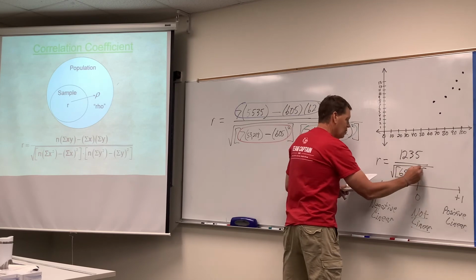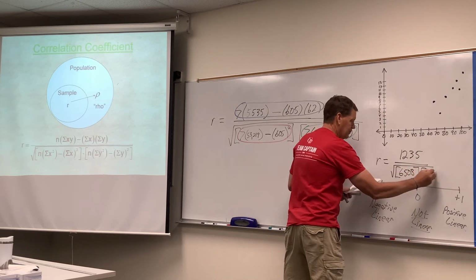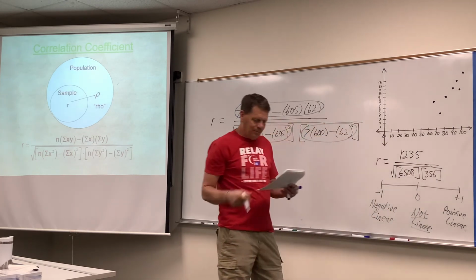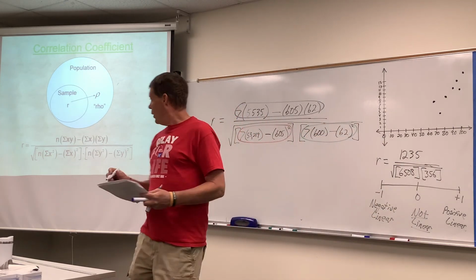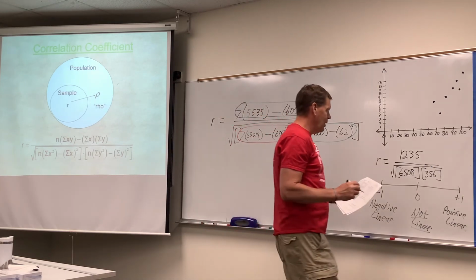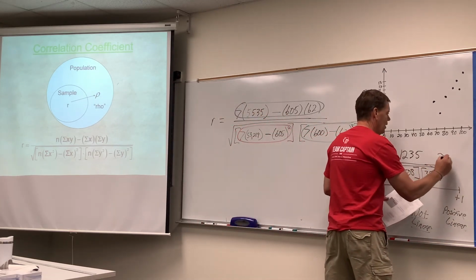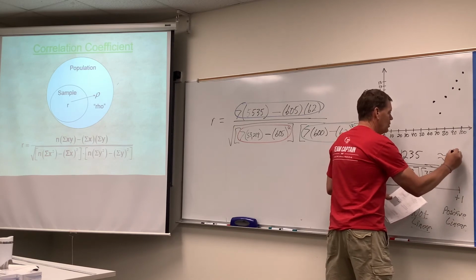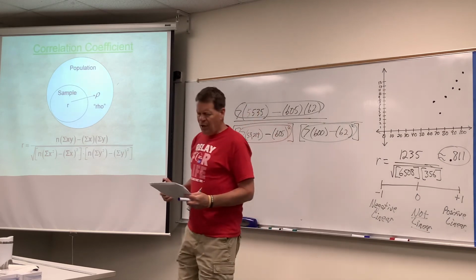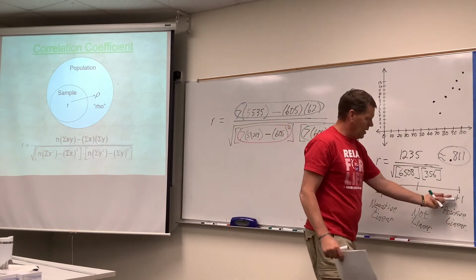And bracket number 2, 356. Crunch, crunch, crunch. I also want to remind you that you keep that to 3 decimal places. So unlike a lot of our previous examples, there is guidance there. And I hope you got 0.811. 0.811. And you'll notice that's in the direction of positive 1.